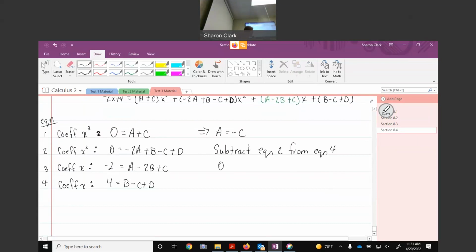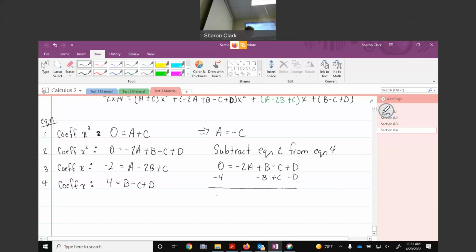Equation 2 is negative 2A minus C plus D equals... I said subtract, so that means we change the signs.